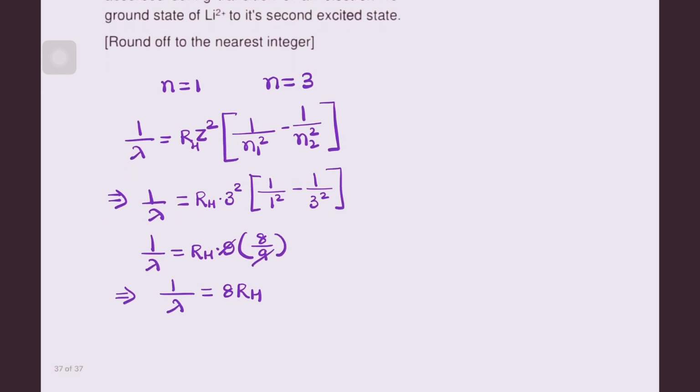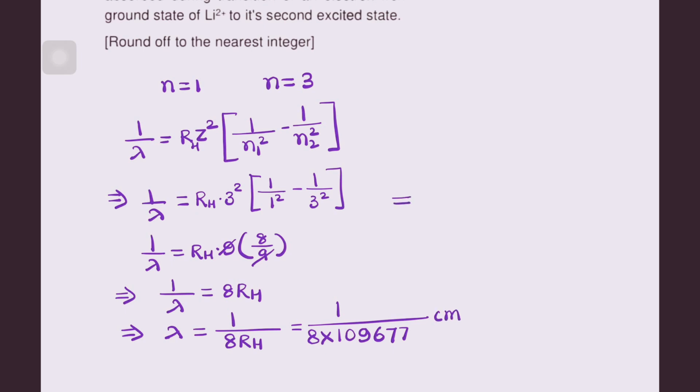So lambda will be equal to 1 upon 8 into RH. So we'll just put the value: 1 upon 8 into the Rydberg constant value, which is 109677 per centimeter.